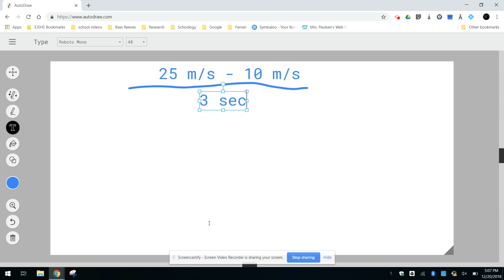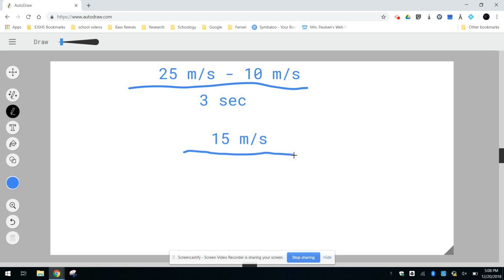Anyway, so 25 minus 10 is 15. So now we have a whole new equation. We have 15 meters per second over 3 seconds. Now, what you're wondering is, well, JJ, there's already a second in the meters per second. So when we do 15 divided by 3, we get 5.